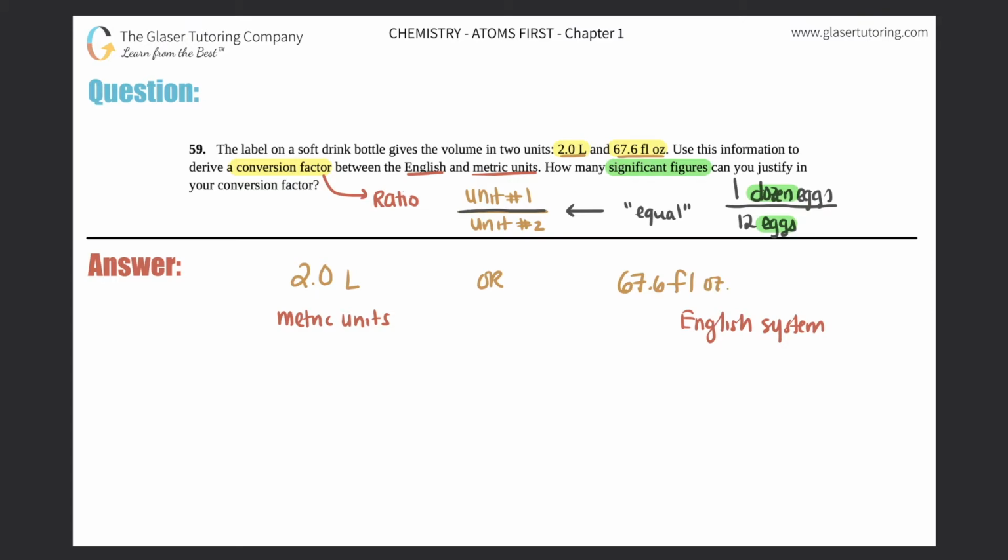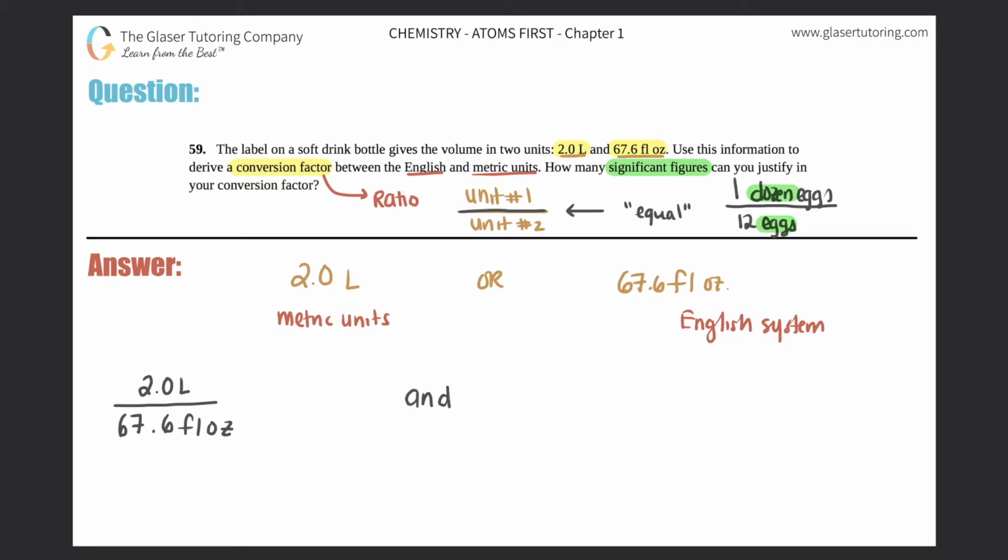Okay, so now let's try to make a conversion factor between liters and fluid ounces. They don't say which one we should put on the top, so I'll just do both of them quickly. So we could either say that 2.0 liters is equal to, use your ratio, 67.6 fluid ounces.